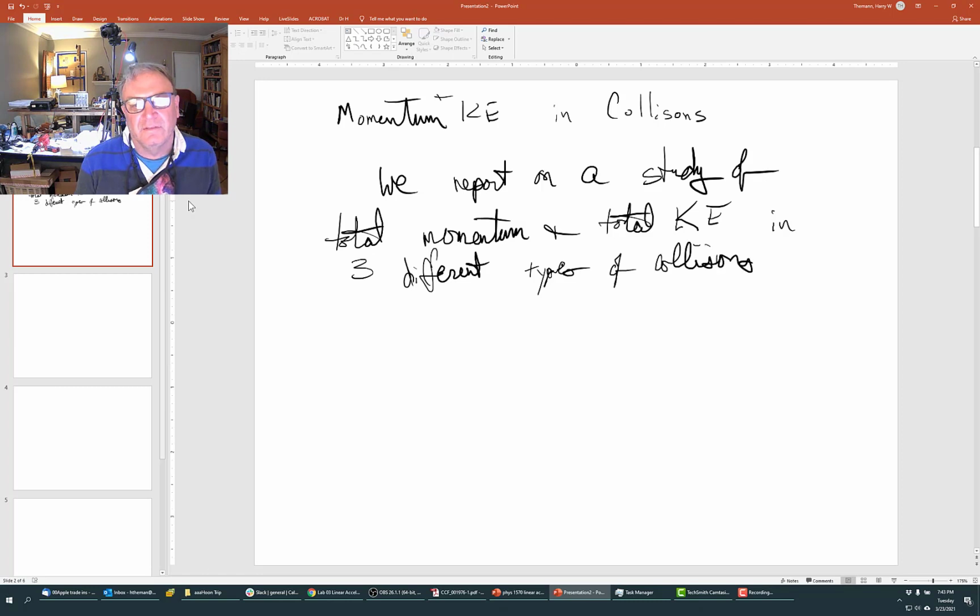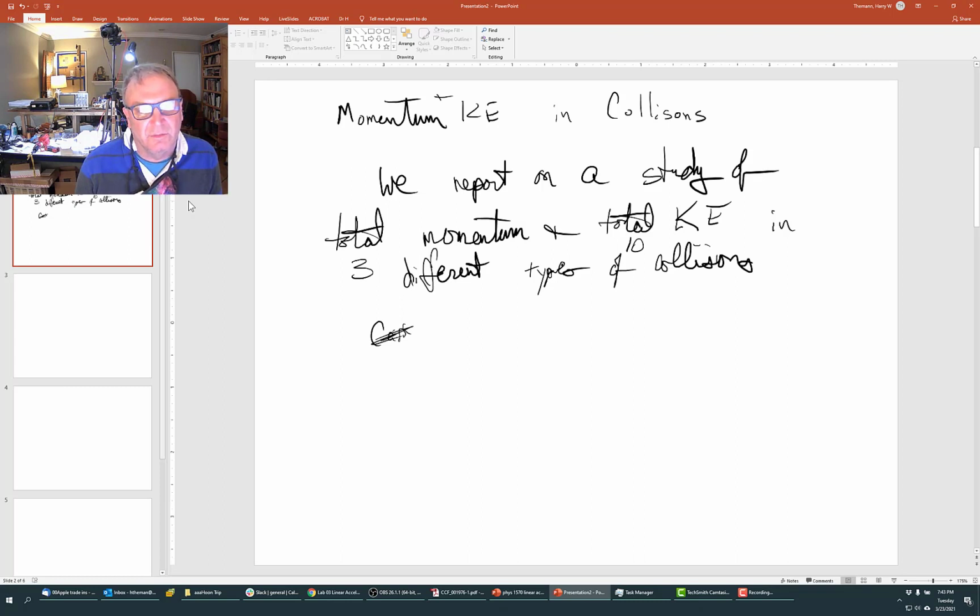And so I would say, now you don't say elastic or inelastic, you just say first we had a cart at rest. Well, let's see, we had 2 objects. How do we say it? We have 3 different types of one-dimensional collisions.